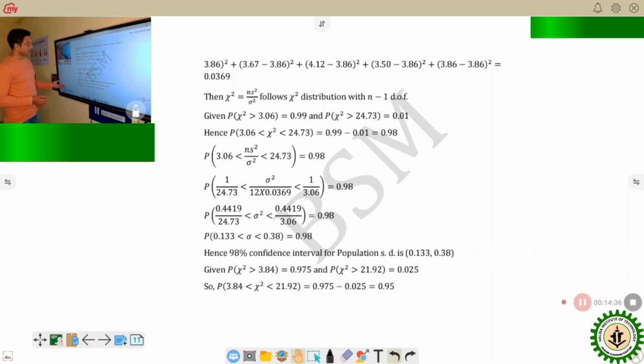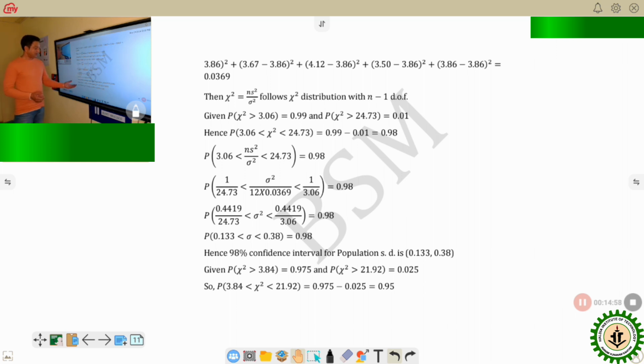That is the 98% confidence interval. Put n s square by sigma square in the middle, keep the sigma square in the middle, and distribute to the left and right side, so you are getting sigma in the middle and on both sides. So this is the 98% confidence interval for the population SD, which is 0.133 to 0.38.